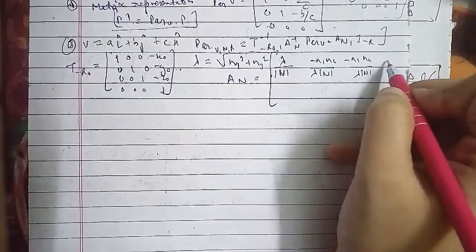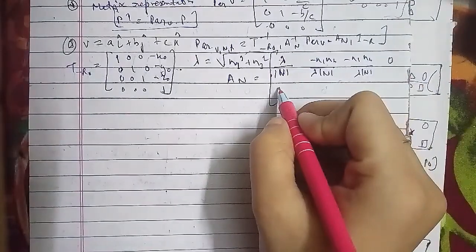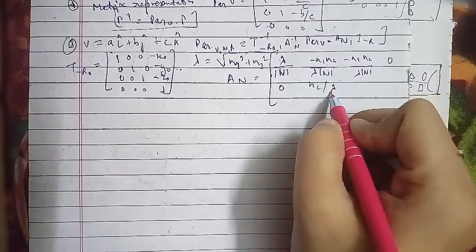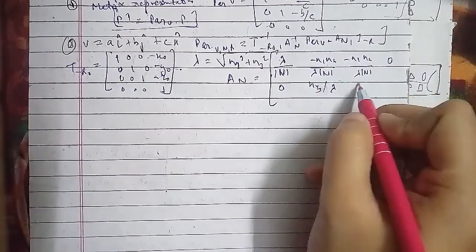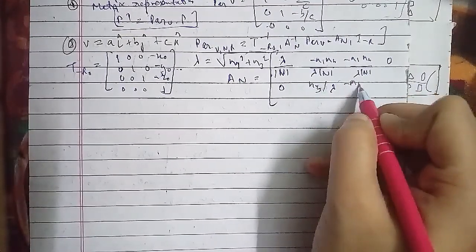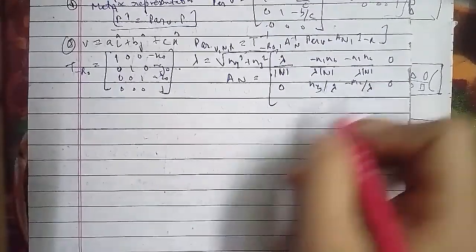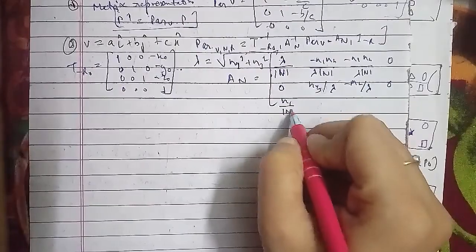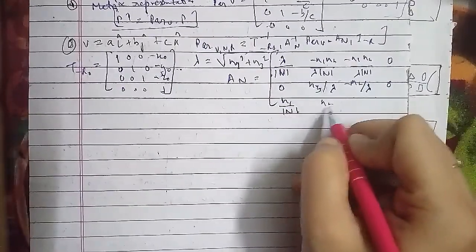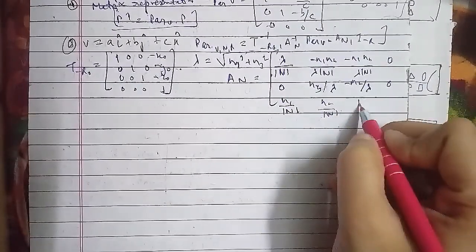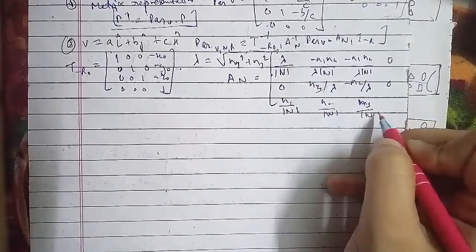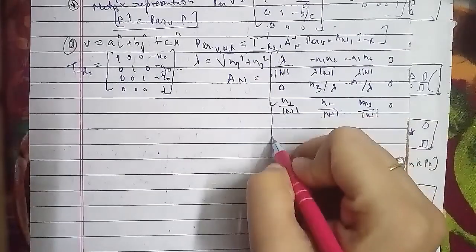The second row: 0, n3 by lambda, minus n2 by lambda, and 0. The third row: n1 upon mod n, n2 upon mod n, n3 upon mod n, and 0. The fourth row is 0 0 0 1.